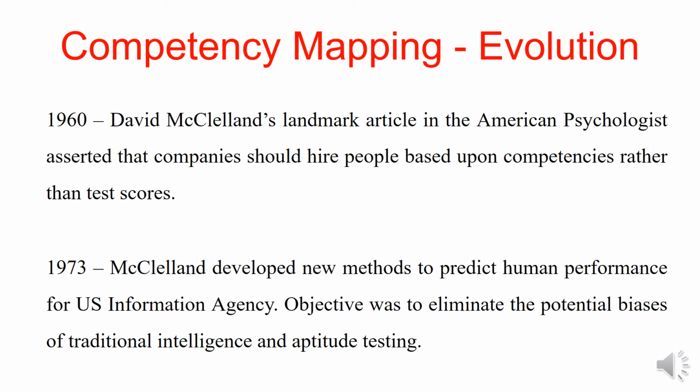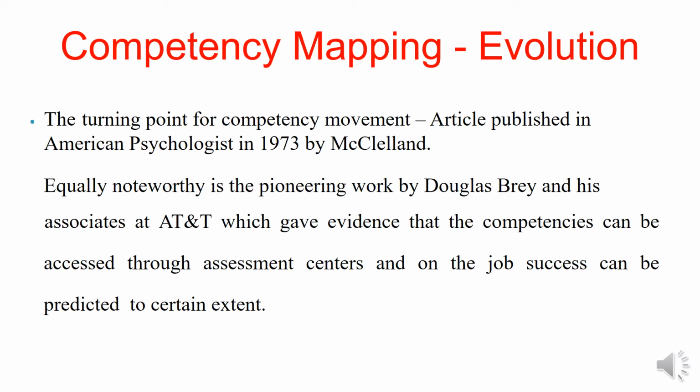In 1973, McClelland developed new methods to predict human performance for the United States Information Agency. The objective was to eliminate potential bias of traditional intelligence and aptitude tests. So any form of bias or discrimination was eliminated, and competencies, abilities, and traits were given much more precedence.